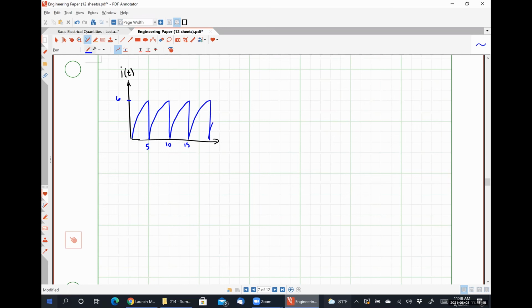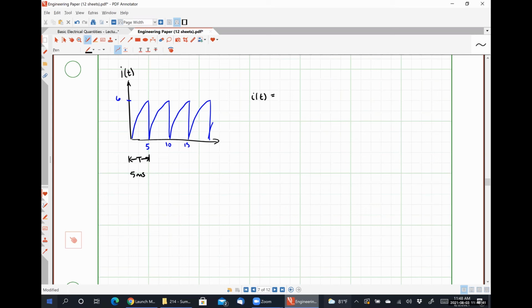Like that, we could easily see that I of t, so let's see, in this case, the period T is 5 milliseconds, right?